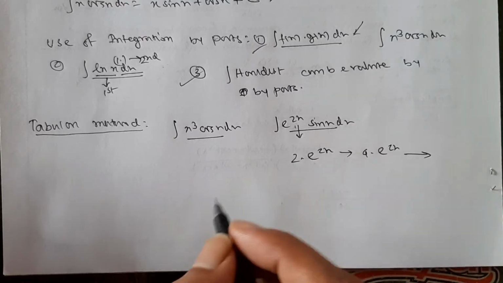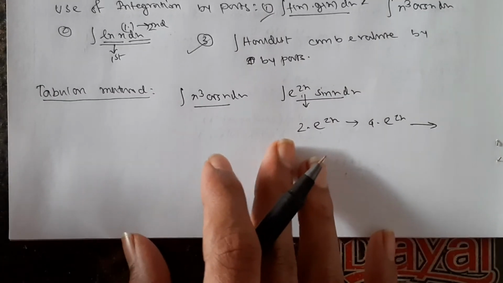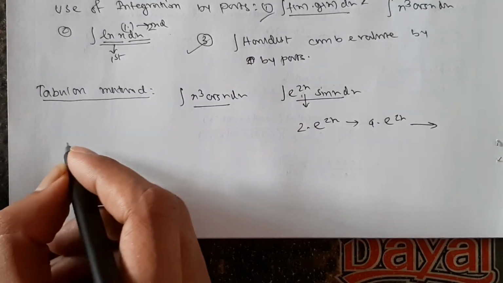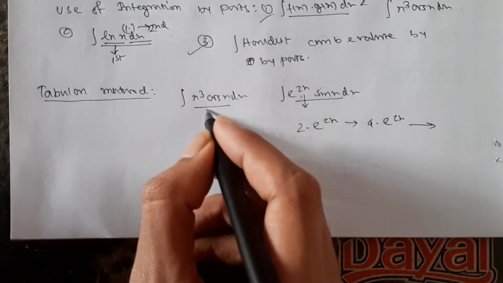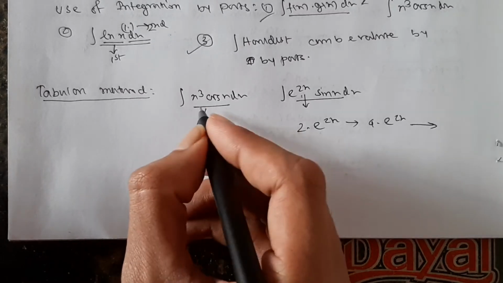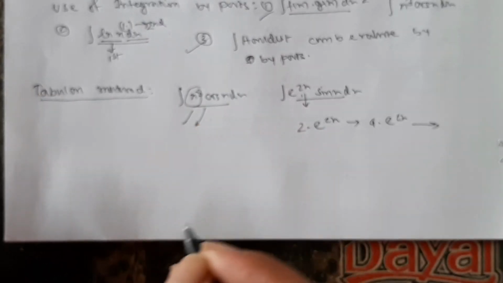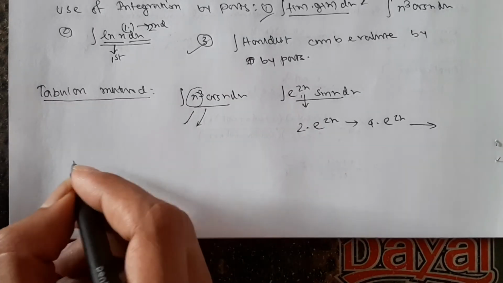For doing this tabular method, we have to know which function can be repeatedly differentiated. So if we do this differentiation, it is reduced to 0. So we get two chances.